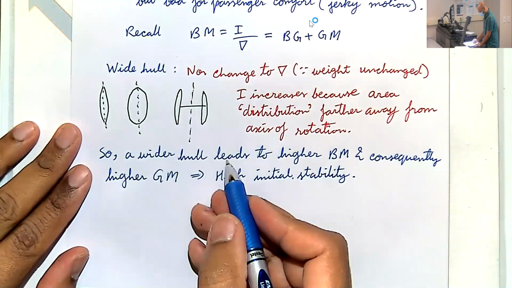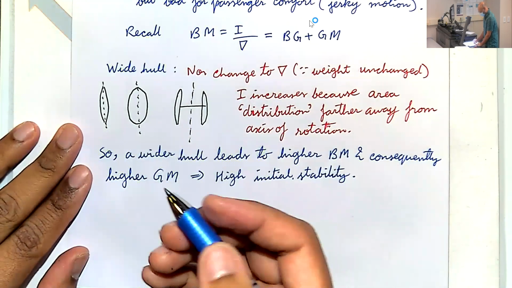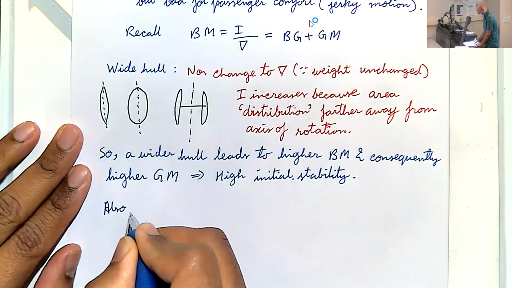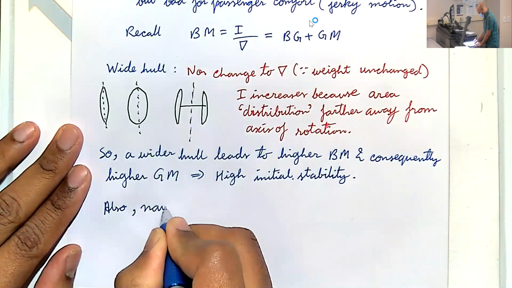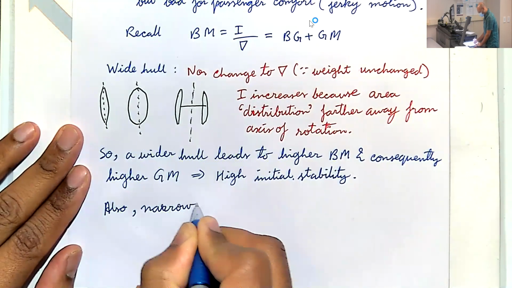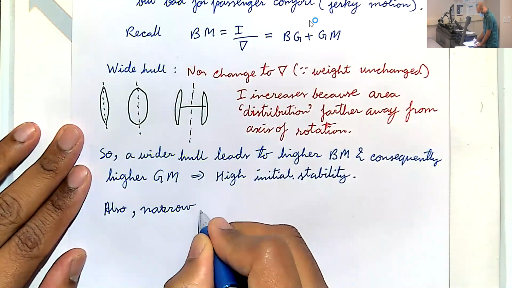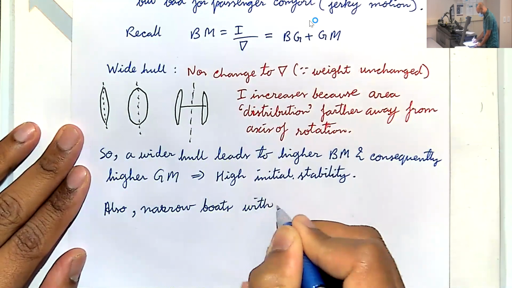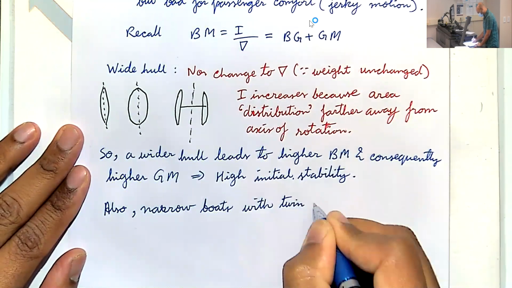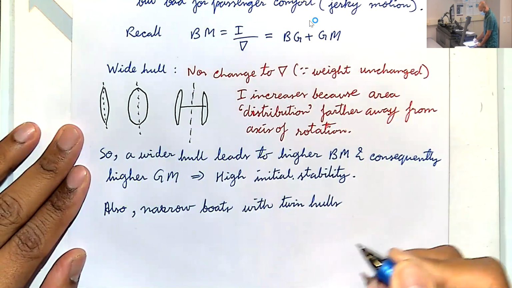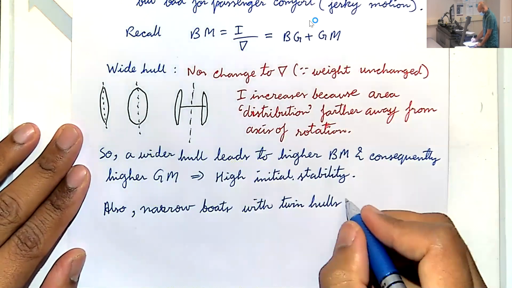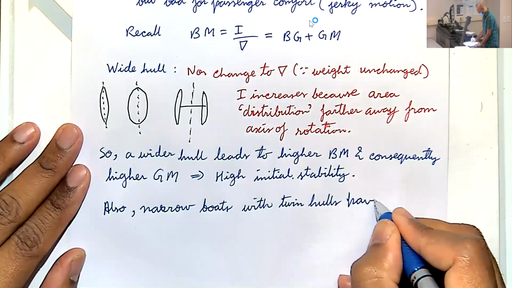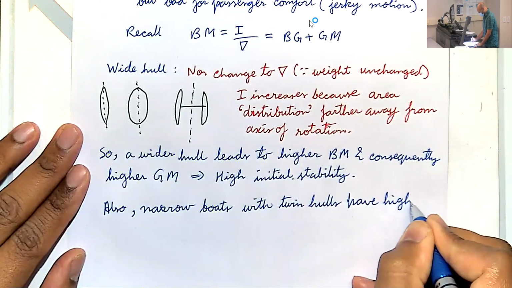So wider hulls have larger initial stability also. Narrow hulls, let's say narrow boats with twin hulls, have high initial stability.